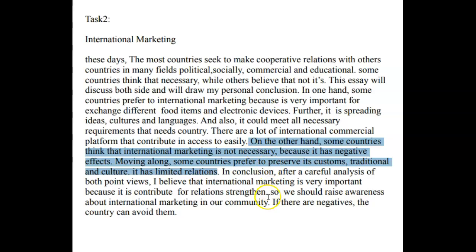"So in conclusion, after a careful analysis of both views, I believe that international marketing is very important because it contributes to relations strengthening. So we should raise awareness by international marketing in our community. If there are negatives, the country can avoid them."